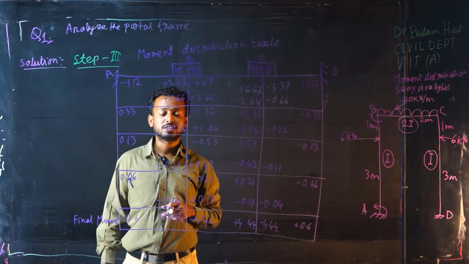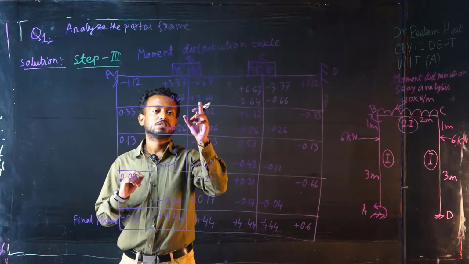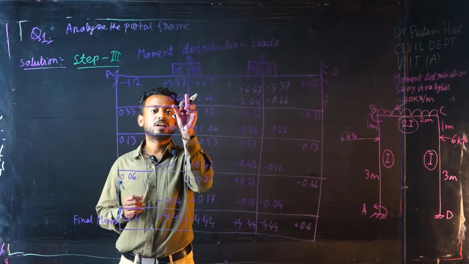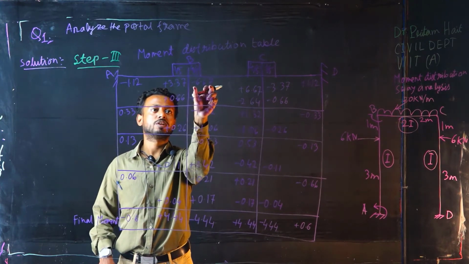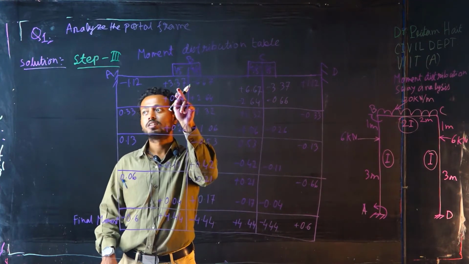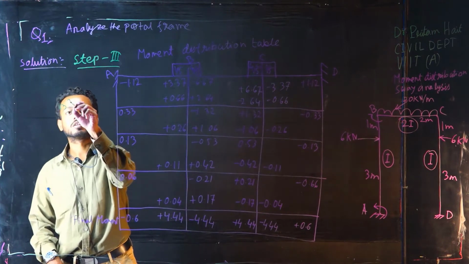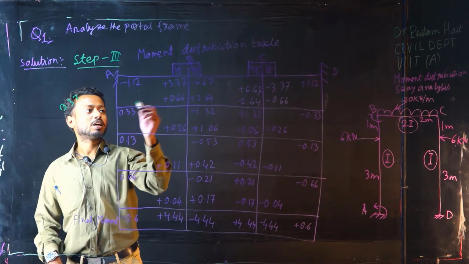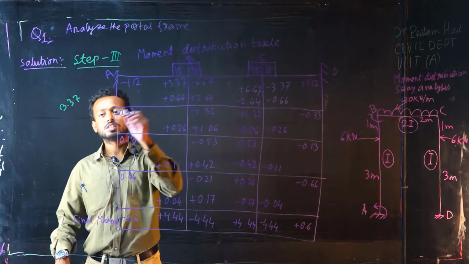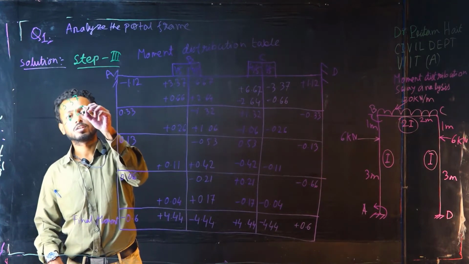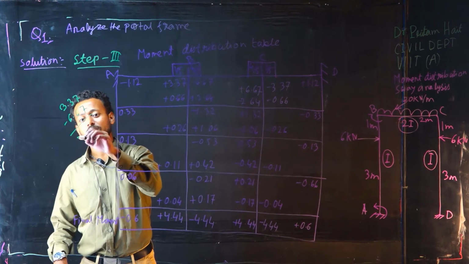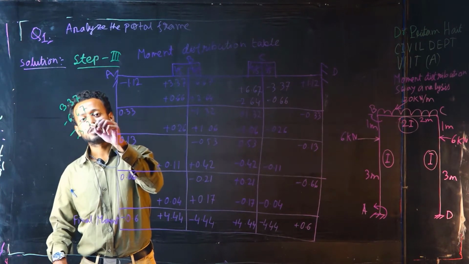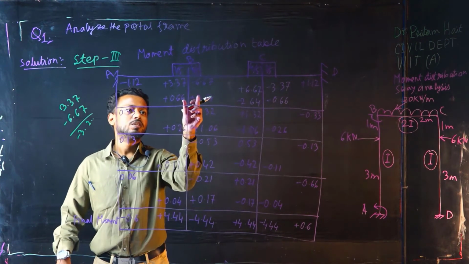Okay, let's start first the balancing the moment and then carry over. So first you have to balance this moment and this moment. So you add this 3.37 plus negative 6.67, you will get suppose minus 3.2 something, whatever.